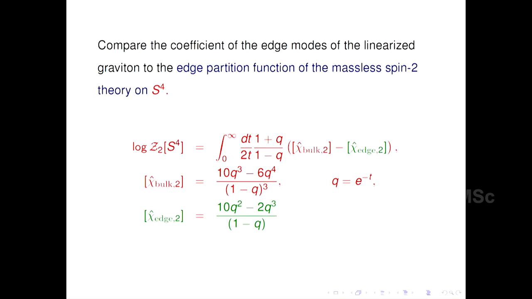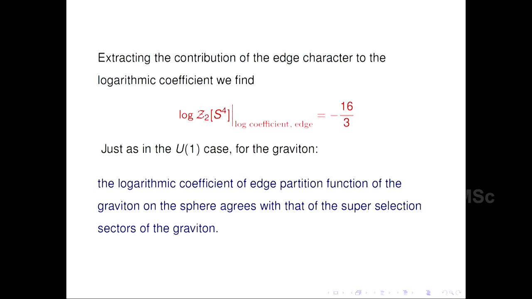When you do that, there is this bulk part and the edge part. Here are these expressions. If you look at the log coefficients from the edge part, it is indeed 16/3, and it agrees with that explicit direct calculation. This is a sort of handle we have on this particular calculation.